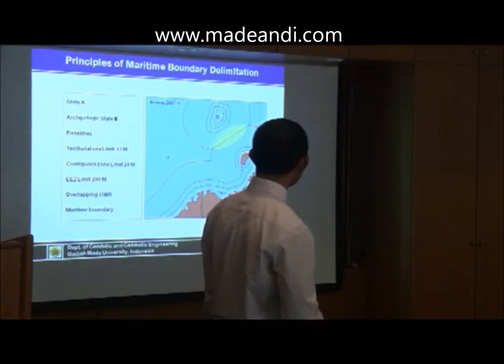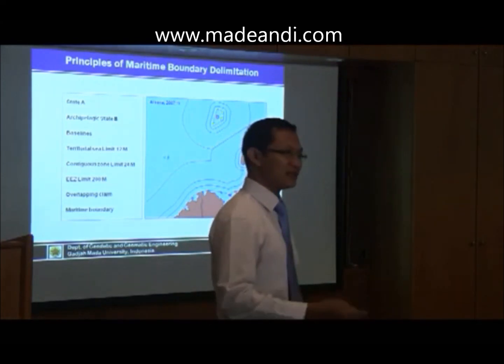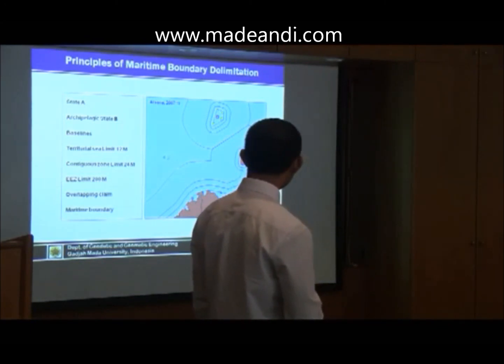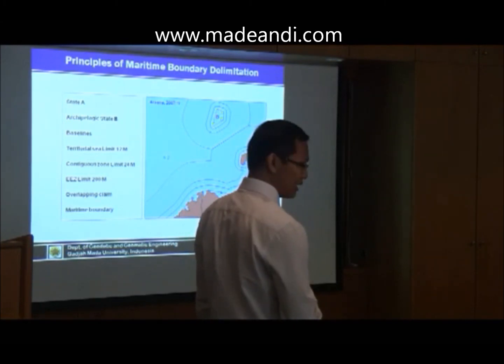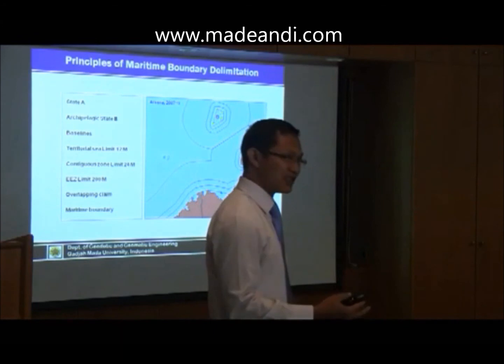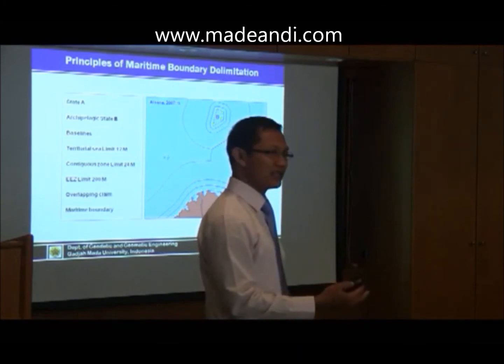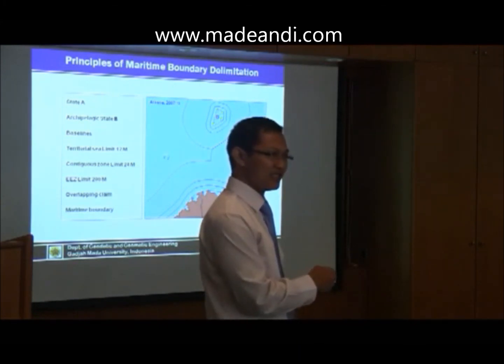So this is then the final arrangement after the delimitation. If you are with me, this is the maritime boundary, the EEZ limit of state A, which is defined unilaterally, while this part is also a limit, but defined bilaterally.